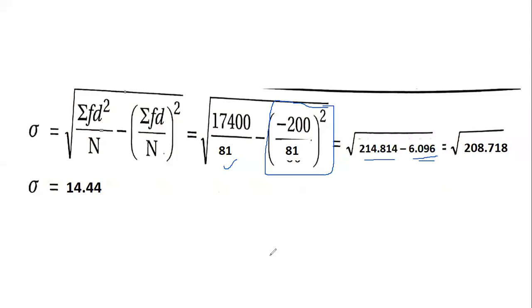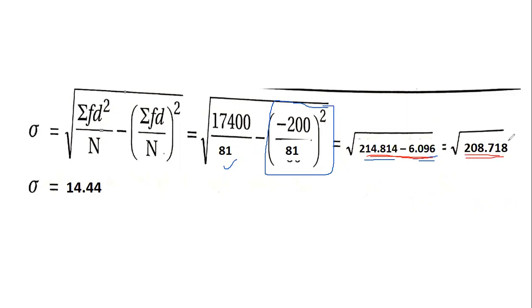Now the next step after this is I am going to subtract these two numbers, 214.814 minus 6.096. So again, square root of, once I subtract these two numbers, I get 208.718.